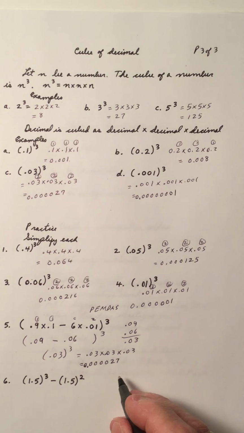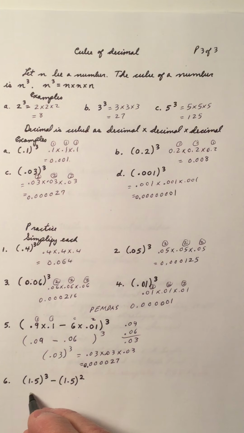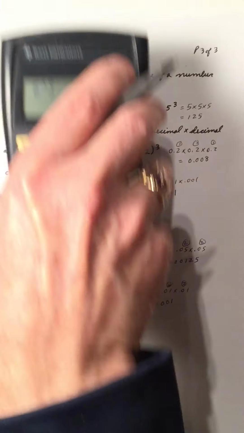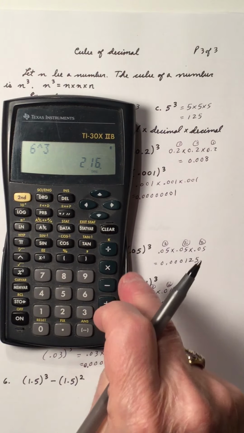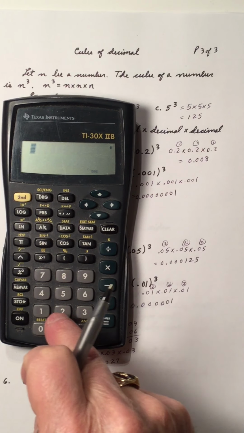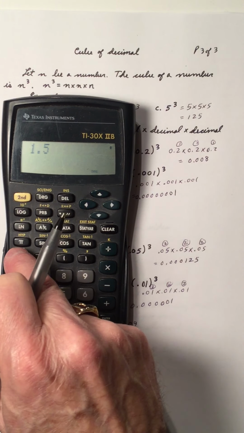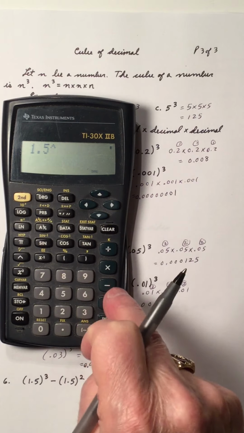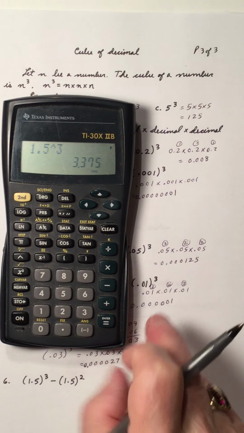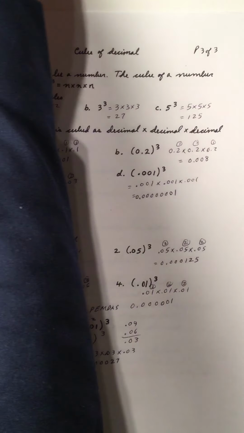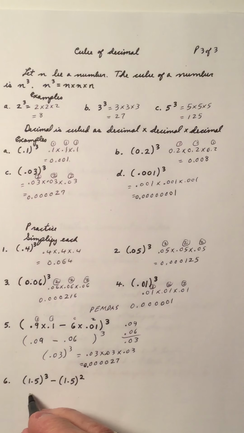So 1.5 cubed is 3375, and if you want to do it quick, use your calculator. 1.5 power button 3. We have 3375.